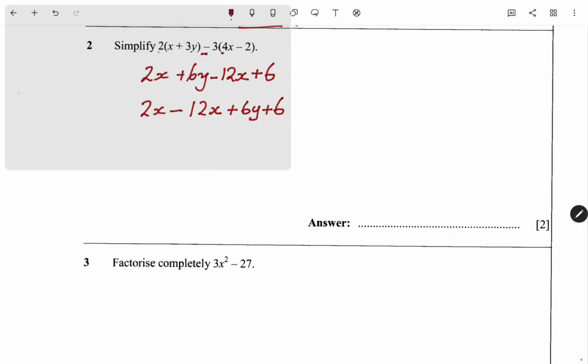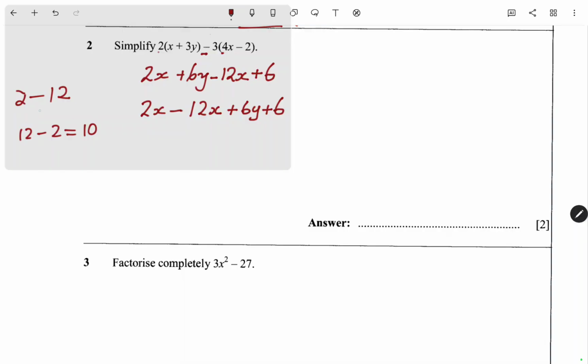Again, this one is the same as 2 minus 12. Now, here what it means is that when you have two numbers being subtracted, you can say big number minus small number, then you get the sign of the big number. So the big number here is 12. 12 minus 2 will give us 10.